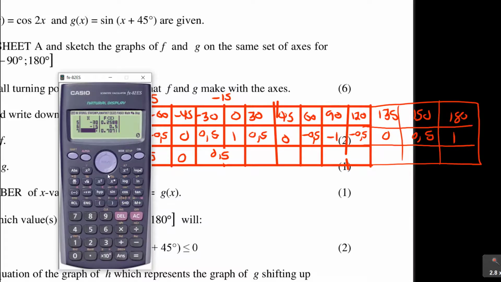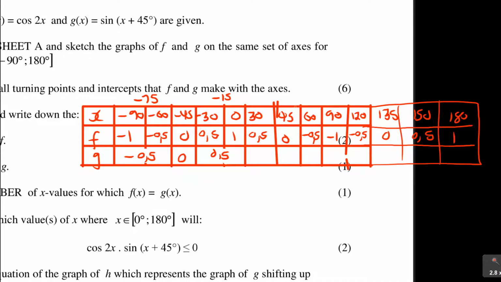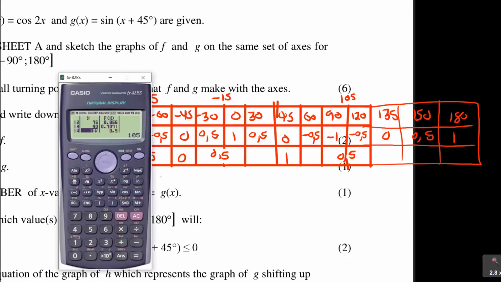And then it will continue to say 45 is 1 and 105 is 0,5. 45 it's 1, 105 it's 0,5, it's there.